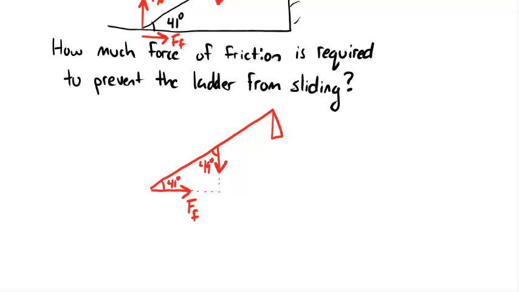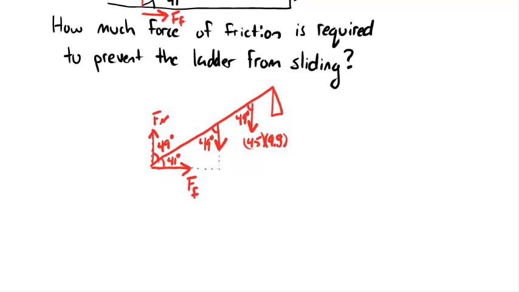And if I picture this as a right angle here, then if that's 41, this normal force has to be 49 degrees in here. Now we have the mass of the person, and because it's the same as the force of gravity in the ladder, that's also going to be 49 degrees, and that's going to be 45 times 9.8.